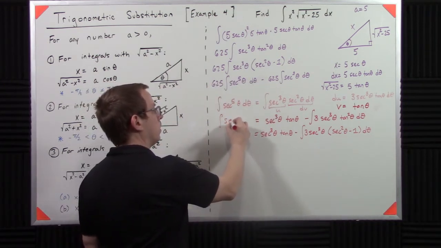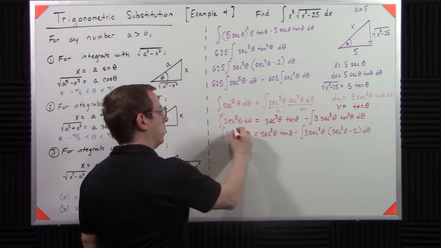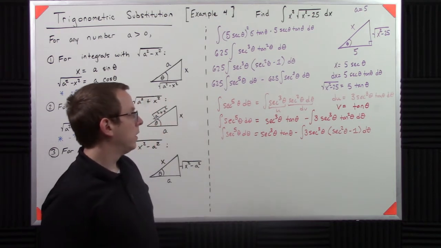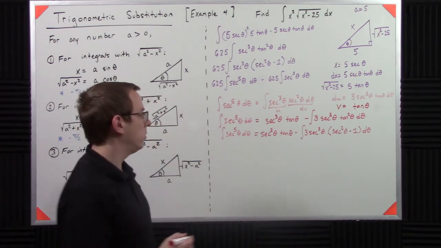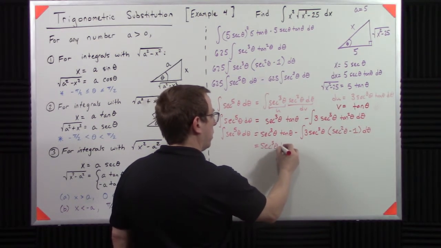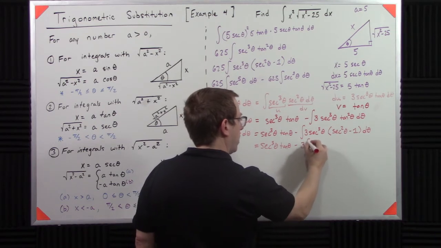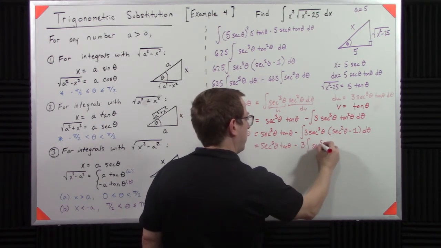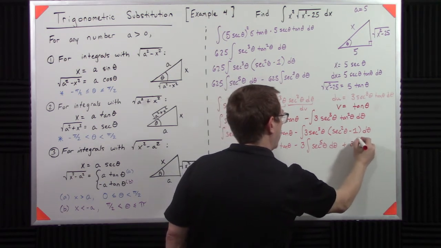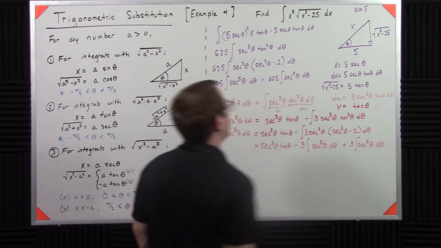Again, this is all secant to the 5th theta d theta. So this red marker is already running out, it looks like, again. So now we have secant cubed theta tangent theta minus 3 secant to the 5th theta d theta plus 3 secant cubed theta d theta.